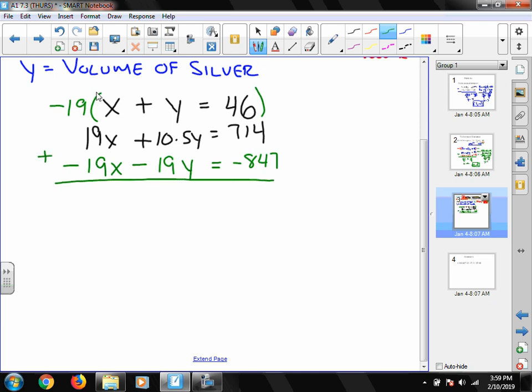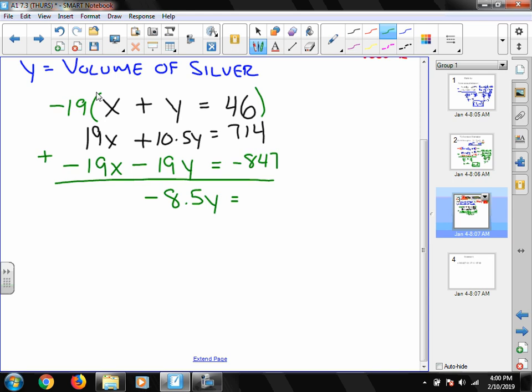And now all I have to do is add my two equations together. 19x plus negative 19x, 0x. It's eliminated. I don't have to worry about it. 10.5y plus a negative 19y leaves me with a negative 8.5y.